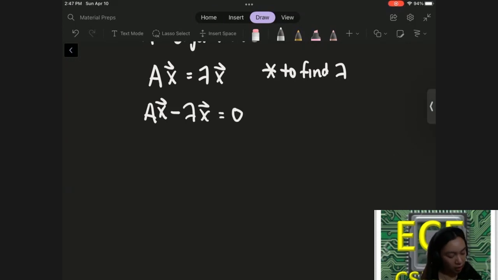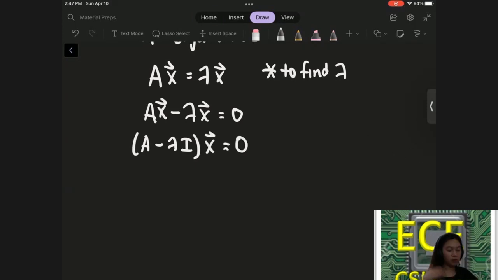Now I can extract an x from both terms. But be careful here, because lambda is a scalar and A is a matrix. So you have to have lambda multiplied with the identity matrix, which is I, and then it's multiplied by the vector. From here, this eigenvector can't be 0, so that means this piece has to equal 0.